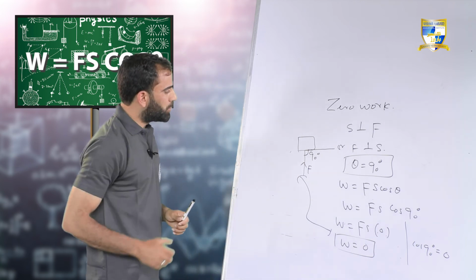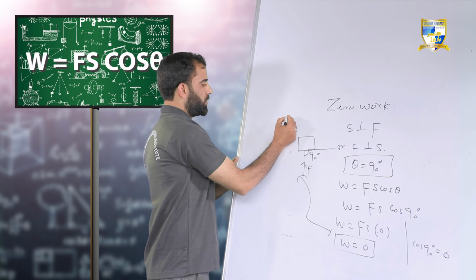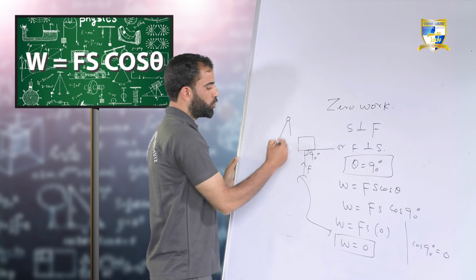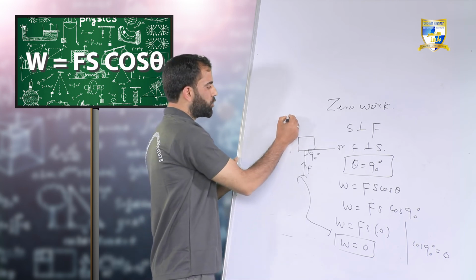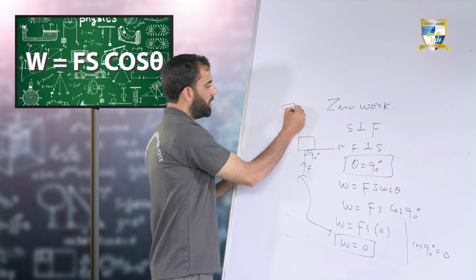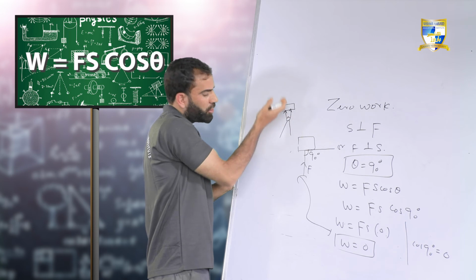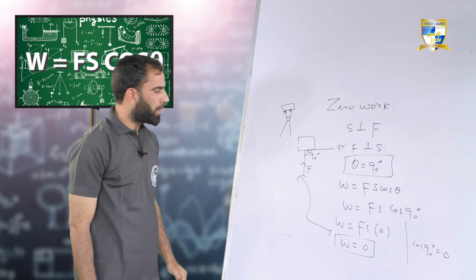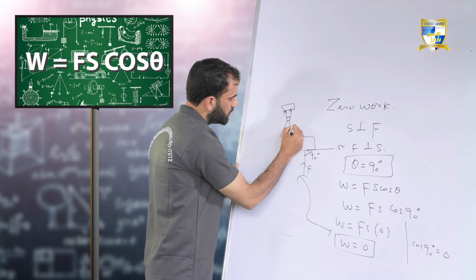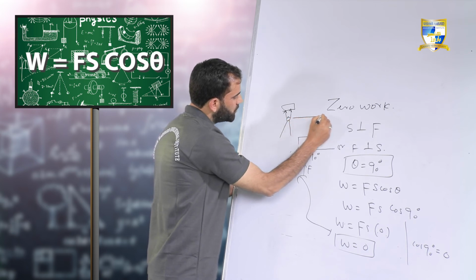Let us take one example here. Let us assume that here is a coolie and he has a load on his head, or he is holding a load with the help of his hand above his head, and he is moving in this direction.